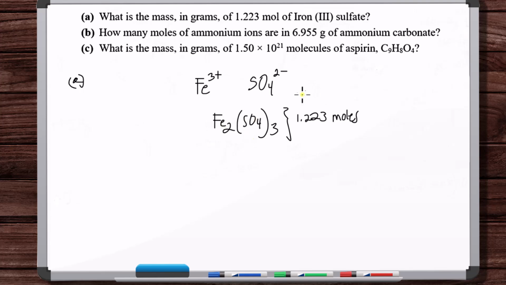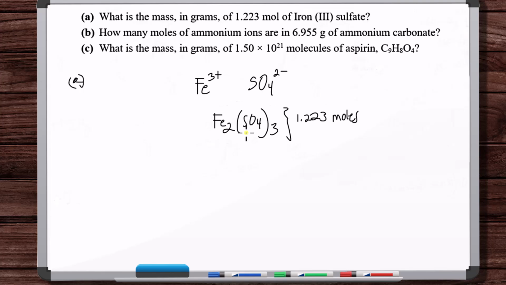Okay, they're telling us that if there's 1.223 moles of these, you have 2 iron atoms bonded to 3 of these sulfate units. We have 1.223 moles of those. What's the mass of that 1.223 moles in grams?